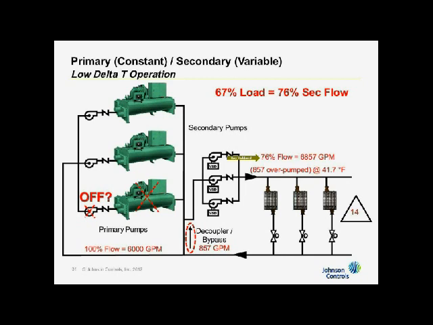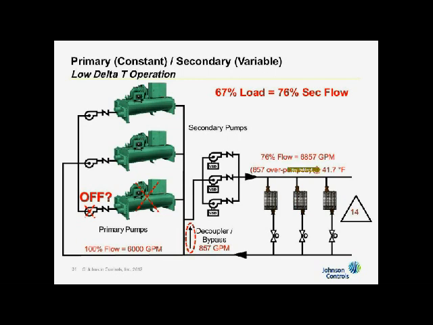So what happens is when I shut this pump off here and this chiller off and isolate it, I've got 6,000 GPM in my primary. I've got 6857 in my secondary. So the last 857 has to go backwards through the common. That 857 now mixes 54 degrees into the 40 degrees that's up here, delivering a mixed temperature of 41.7.